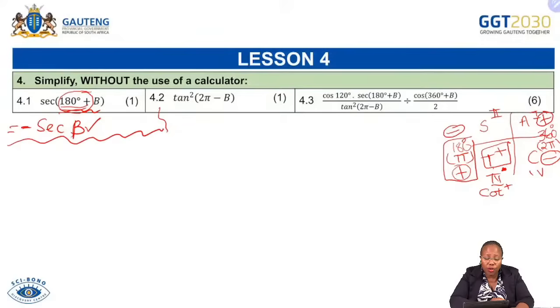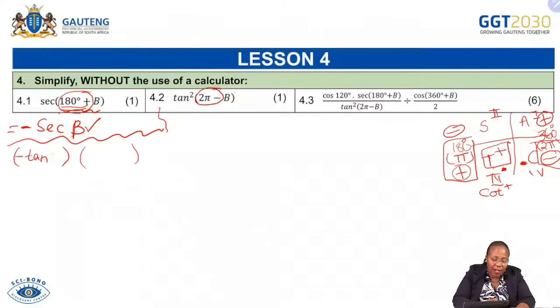And then 4.2, we are given tan squared of 2π minus beta. 2π minus is which quadrant? That is quadrant 4. Let's check now. Is tangent positive or negative? No, tangent is negative in that particular quadrant. And then that means now, this square, remember, it means 2 brackets of that, okay? If tan is negative, it will be negative tan of the beta because we have now applied 2π minus to identify the quadrant.